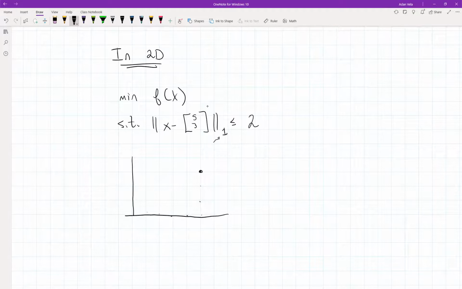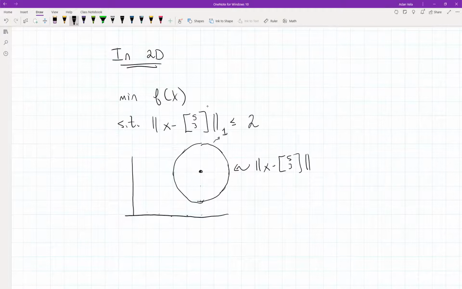So normally, if I were to draw the L2 norm with radius 2, I'd draw something like this. So what I just drew is the equivalent of the 2 norm of x minus (5, 3) less than or equal to 2. So it's a circle with radius 2.